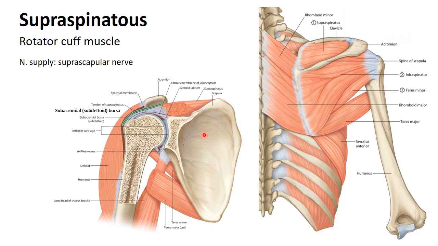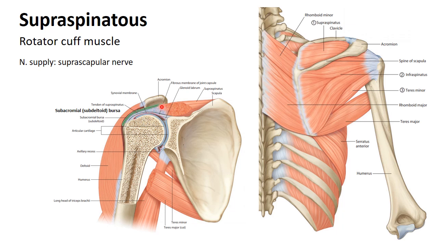One important thing to keep in mind: as the supraspinatus muscle emerges beneath the acromion, it will pass through an osteofibrous canal, a canal made of bone and fibrous ligament, because the coracoacromial ligament bridges between the coracoid process of the scapula and the acromion, creating a tunnel through which the supraspinatus will pass.